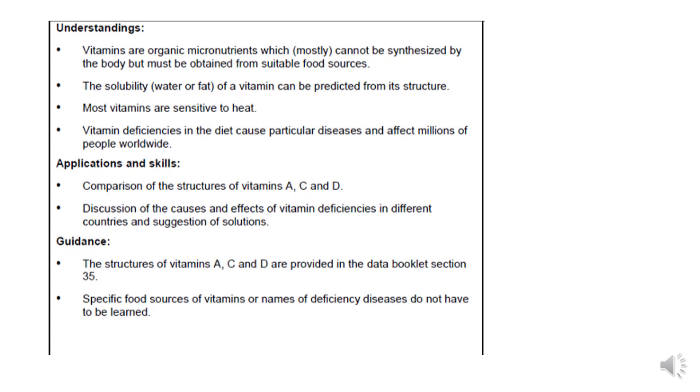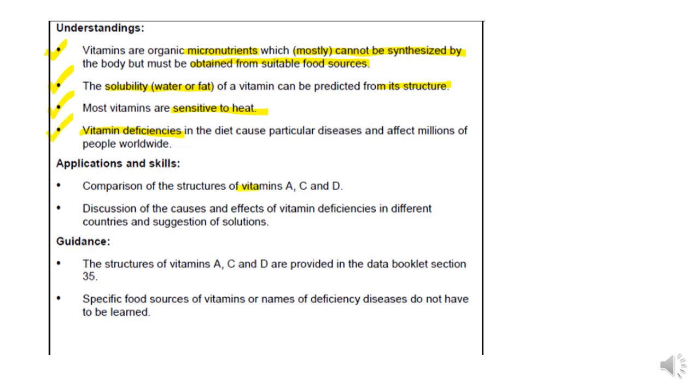So what we've discussed today: we've talked about what micronutrients are. We've talked about that they can't be synthesized by the body, but have to be obtained from food sources. We've talked about water or fat solubility, looking at structure. We've talked about heat sensitivity. And we've talked about vitamin deficiencies.